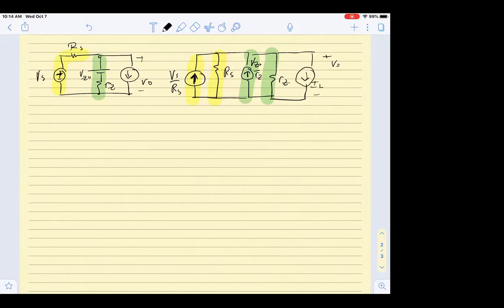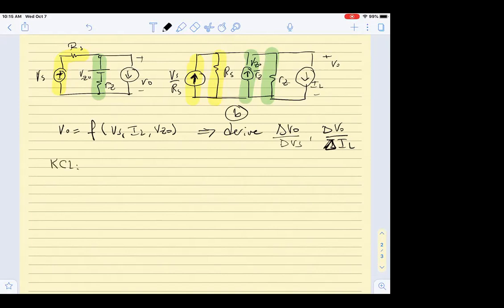Our objective is to write VO as a function of VS, I load and of course VZ0, so that I can derive the quantities, as we do with derivatives, delta VO over delta VS and delta VO over delta IL. This is my objective. I am going to use circuit number 2 for this derivation, so we will use circuit B and KCL in B. How can I solve for VO?